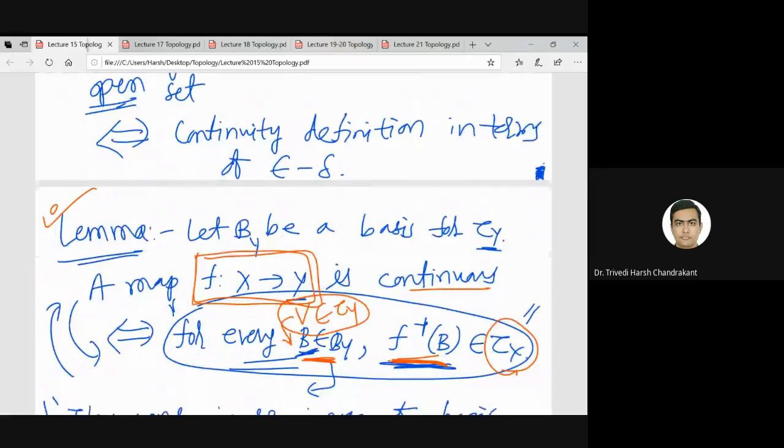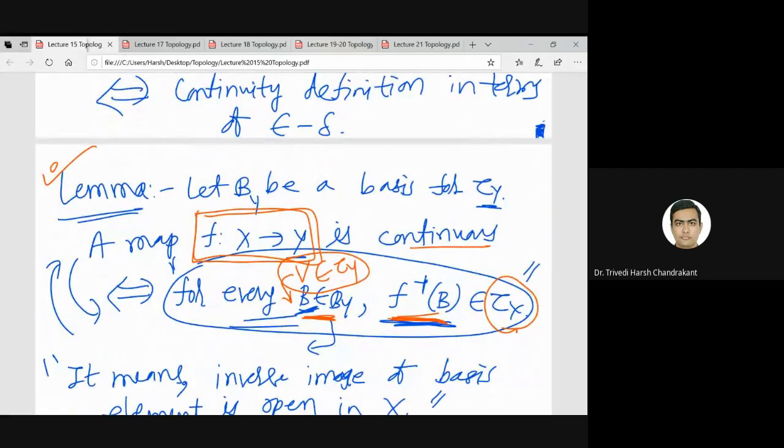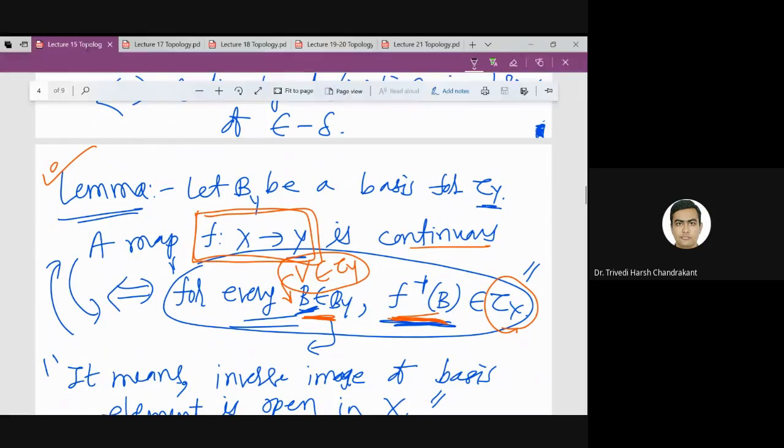And we discussed that this definition of continuity is equivalent to another condition: instead of the inverse image of every open set being open, we need to check only that the inverse image of a basis element is open. Right, so f inverse B is open in X for every basis element B in Y.